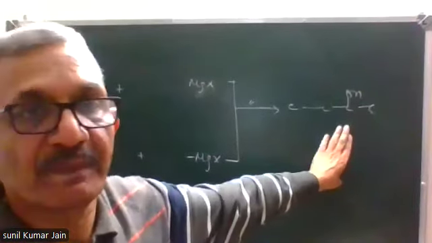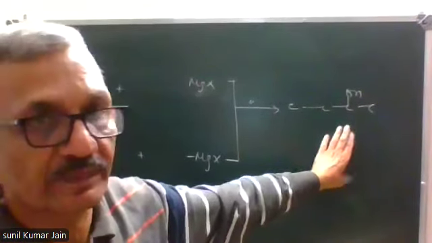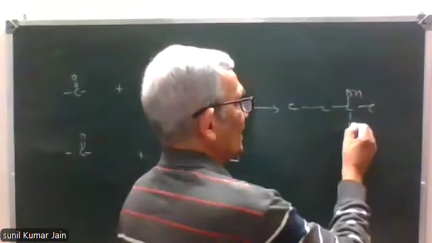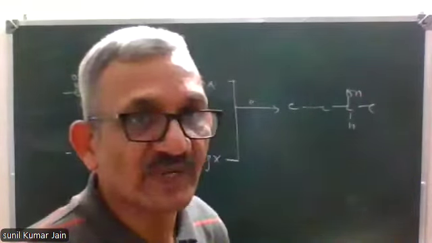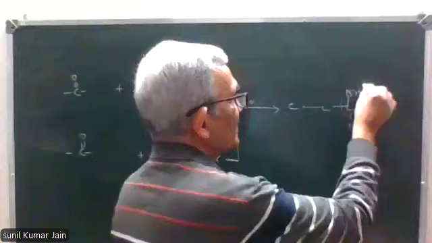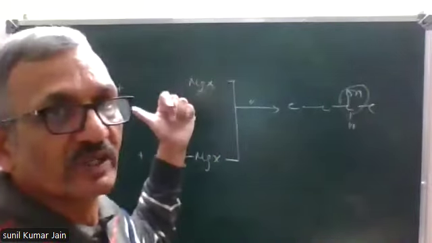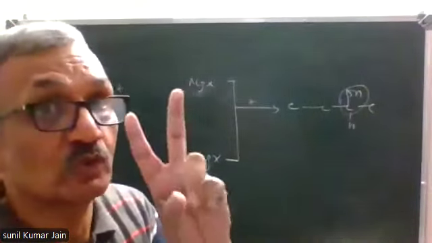Again, we want to prepare a secondary alcohol, 2-butanol. Valency satisfied. This comes from C double bond O, already written on the left hand side.